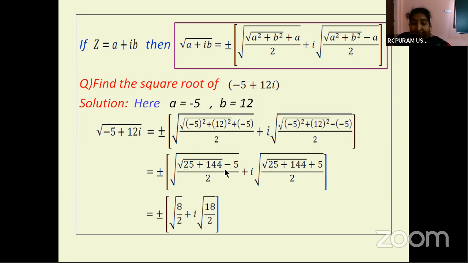Then this is 13 minus 5, children. 13 minus 5 is 8, by 2 under root. And here it is 13 plus 5, 18 by 2 under root. So 8 by 2 is 4, root of 4 is 2. And 18 by 2 is 9, root 9 is 3. So the square root of minus 5 plus 12i is nothing but plus or minus 2 plus 3i.